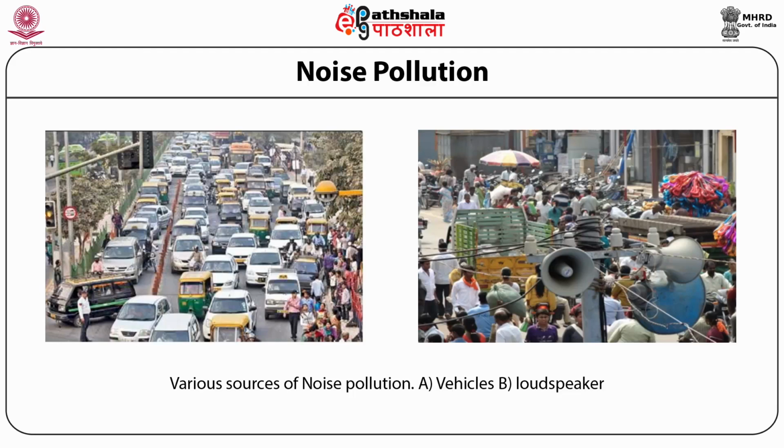Now in the figure you can see various types of noise pollution. In part A, you can see a number of vehicles running on the road which produce a very loud sound, and in part B you can see the loudspeaker which is used in various festivals or religious performances in which the loudness is very high.